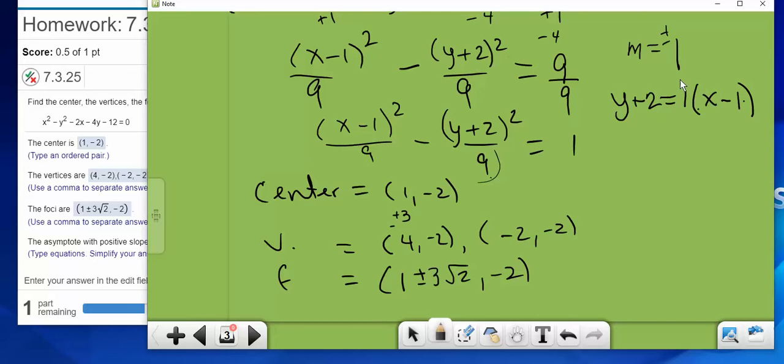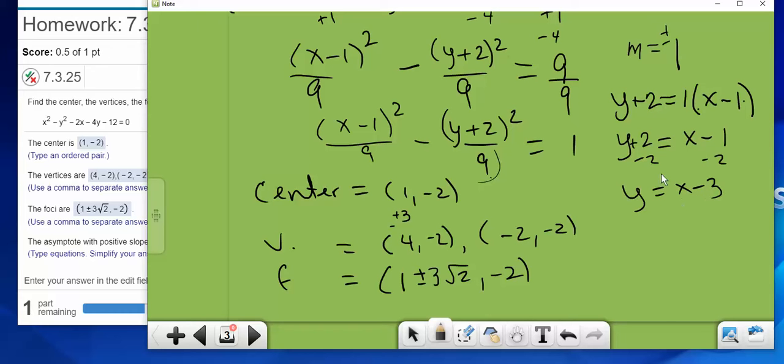The reason I got it wrong when I was trying it out is they want it in slope-intercept form. So we distribute the 1 and subtract 2 from both sides. So we get y equals x minus 3.